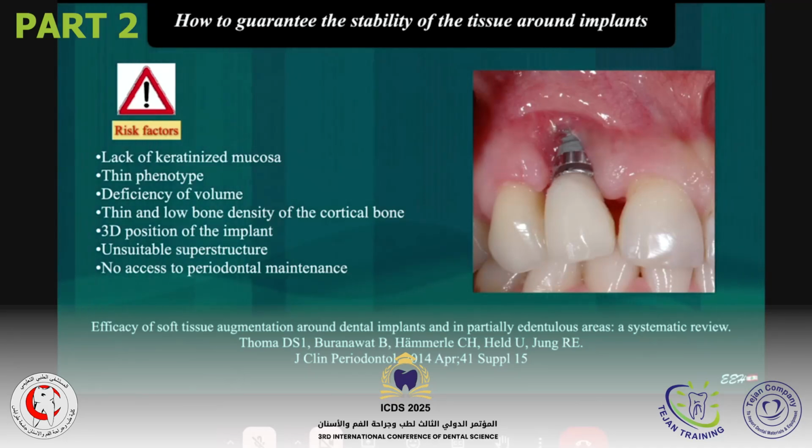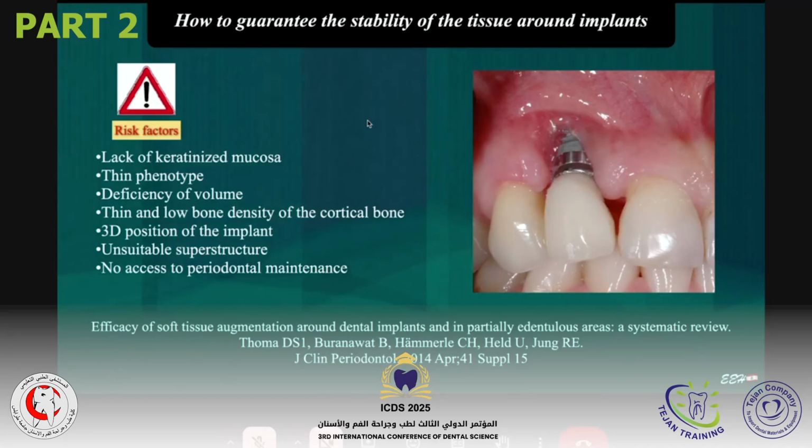So we should be very careful to analyze the situation, the site of the implant, and avoid this disaster like you see in this photo.